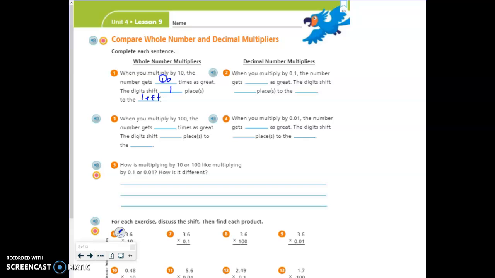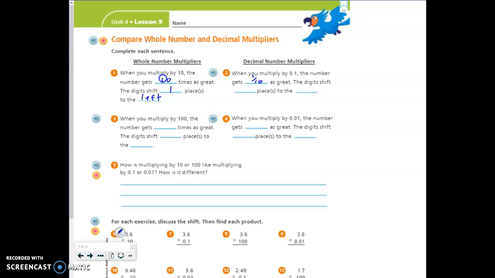Okay, now if I go across to 2, I'm multiplying by 1/10, 0.1. Okay, and we said that that number is smaller than 1, so it's going to have kind of the opposite reaction. When you multiply a number by 0.1, or 1/10, the number is going to get 1/10, and then I'm going to represent it as a fraction just so we can see the relationship between those two numbers as well.